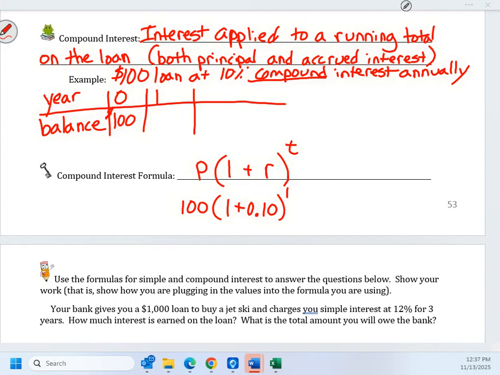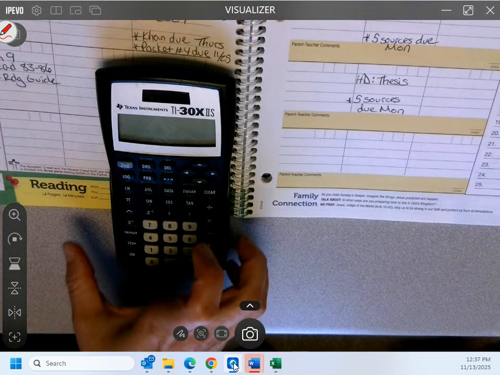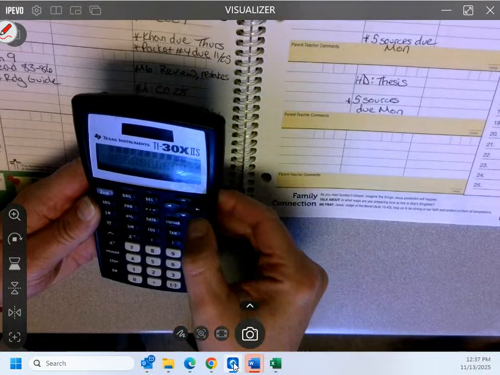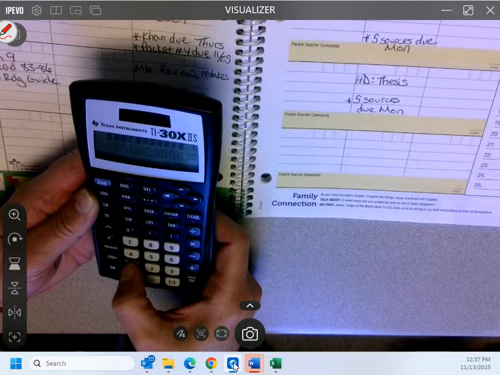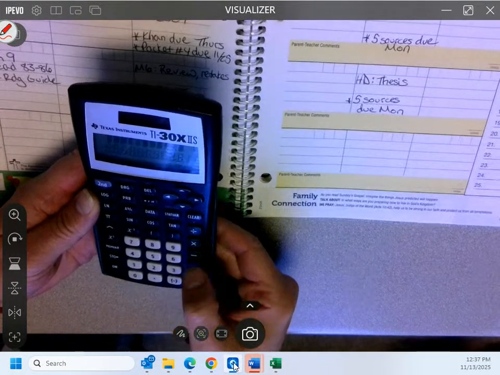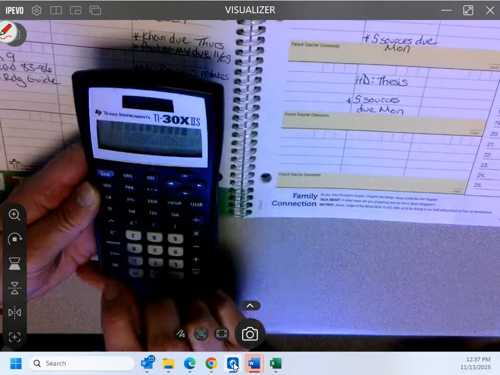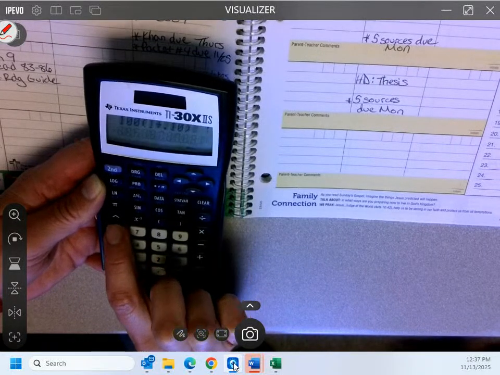Do you guys remember how to do the exponent power? Let's give you a quick reminder. So on your calculator, you would have 100, oops, let's turn it on, 100 parentheses, 1 plus 0.10, parentheses, and then we have to do the little caret.